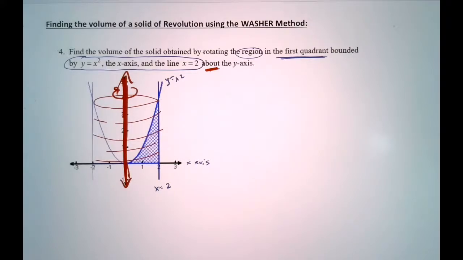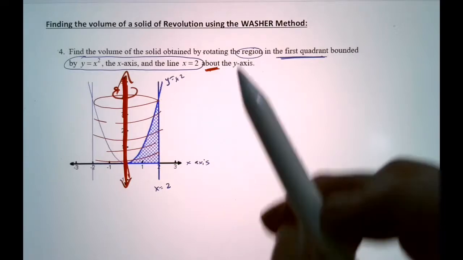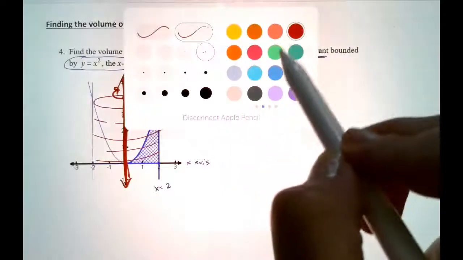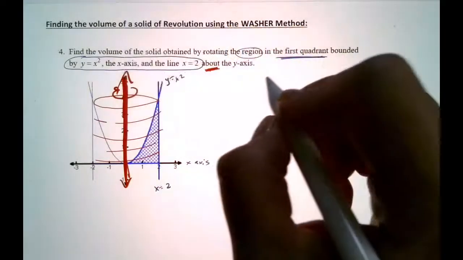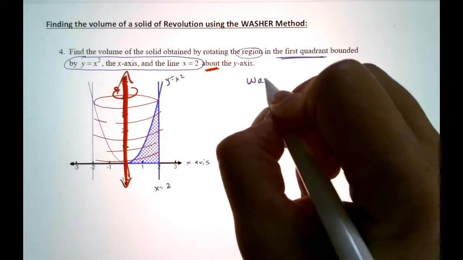I'm going to try to keep the same structure of the disc method, and let's revisit what that was saying. I'm going to call it a washer for a particular reason. There's going to be an issue here.